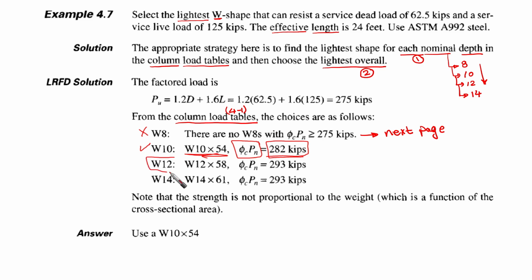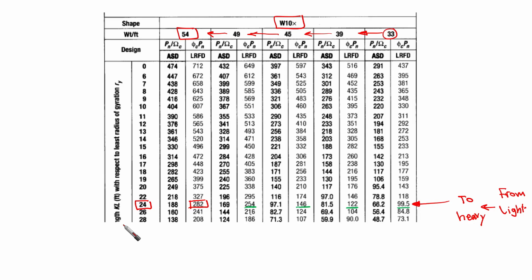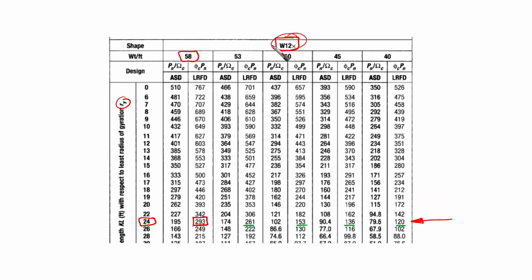Now we said W8 is not working, W10 is okay. Let's go to W12. For W12, for KL of 24 here, let's go from right to left as we have said. It is 120 here, 136, 153, and so on, until we reach 261. Still we have 275, this is our limit.